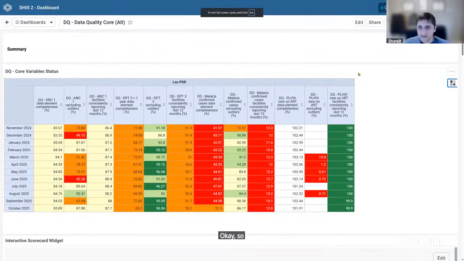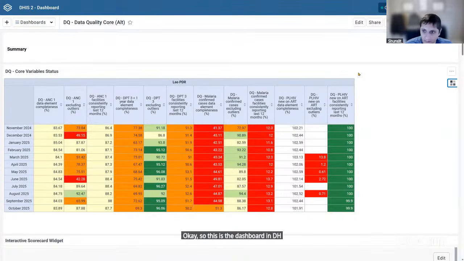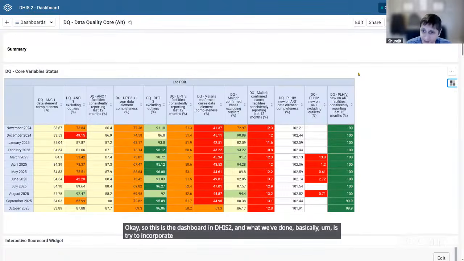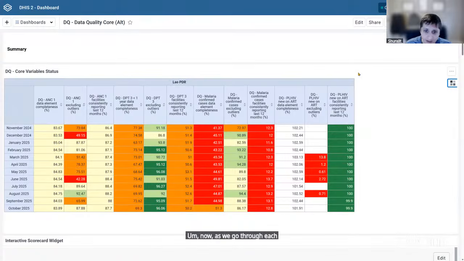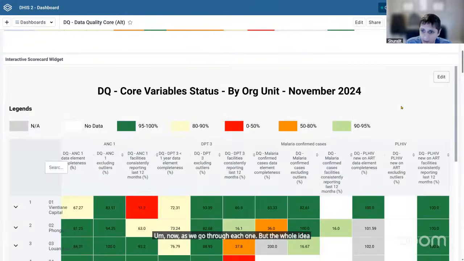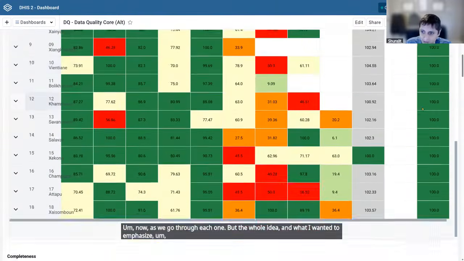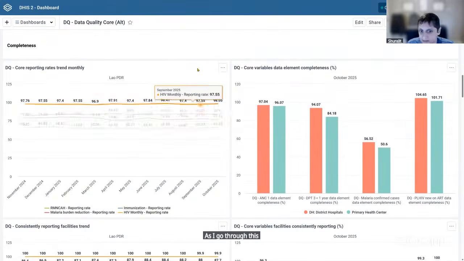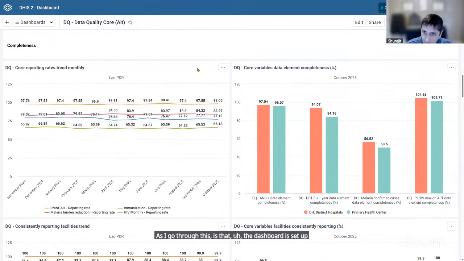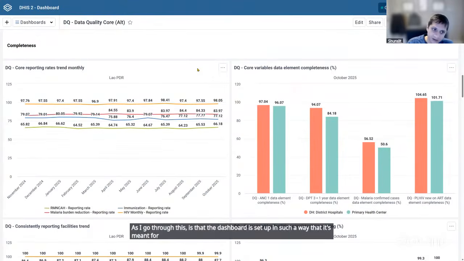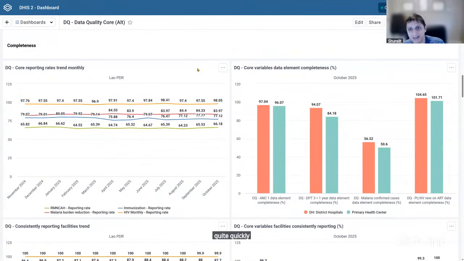Okay, so this is the dashboard in DHIS2, and what we've done basically is try to incorporate several of the metrics, and I'm going to discuss these metrics in much more detail now as we go through each one. But the whole idea, and what I wanted to emphasize as I go through this, is that the dashboard is set up in such a way that it's meant for you to quite quickly be able to investigate the underlying problem.